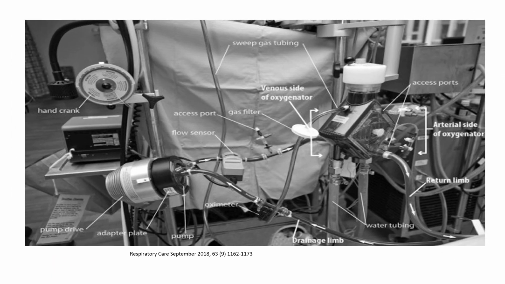ECMO means extracorporeal membrane oxygenation, and the ECMO circuit is a closed circuit where the blood comes out from the patient and the same blood returns back to the patient. Not like a bypass machine where there is a reservoir, and some of the blood will return.